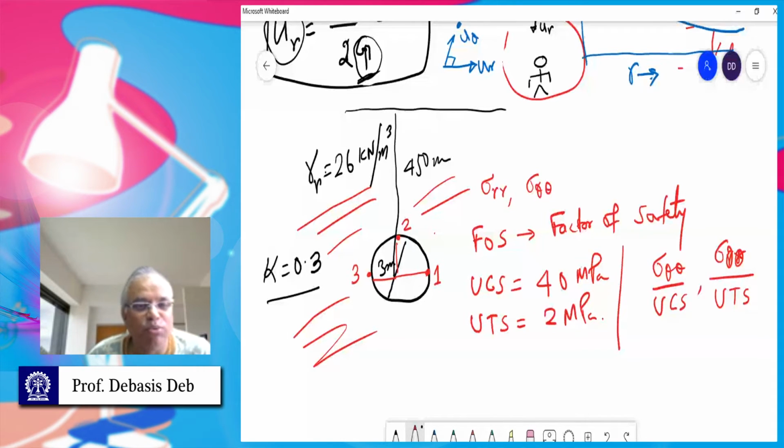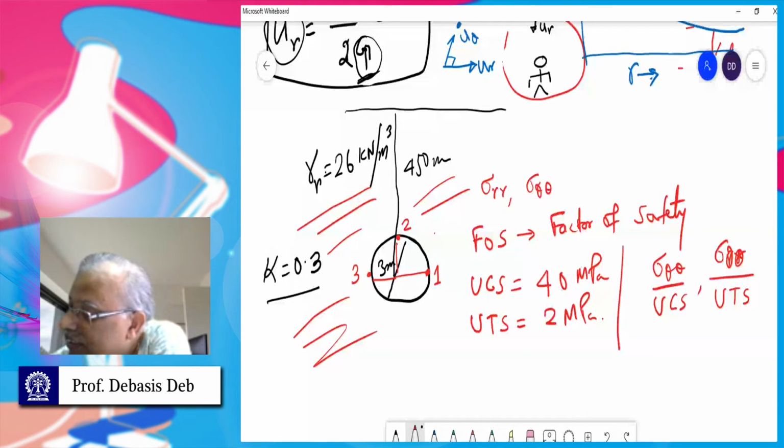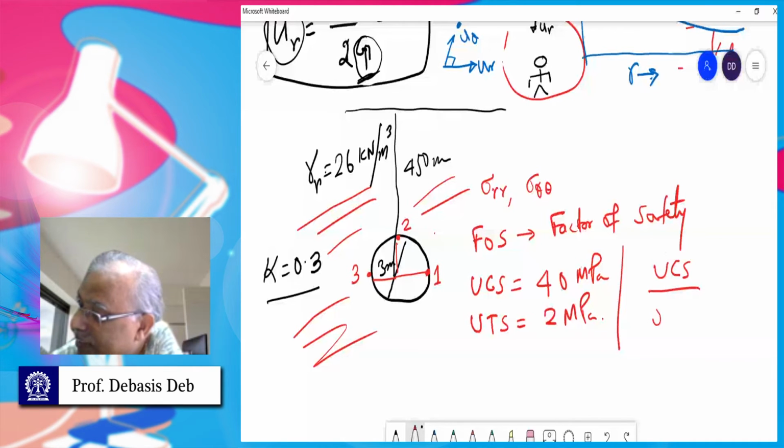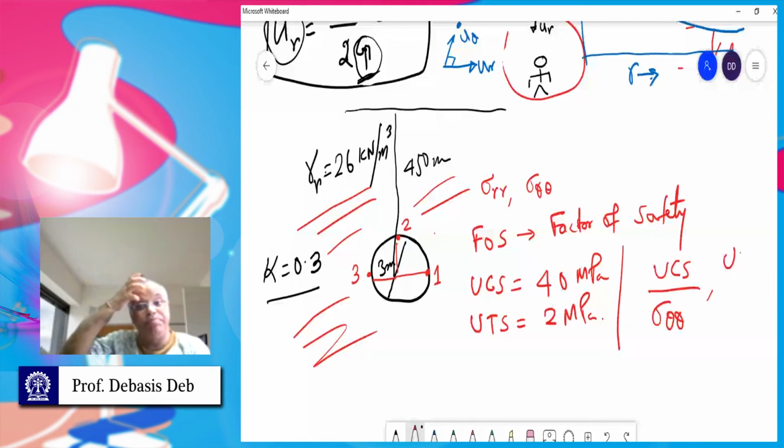It will depend. I'll tell you where to use which one. Okay, I think I did it in reverse. Sorry, it's just reverse. Strength by stress. Strength by stress.